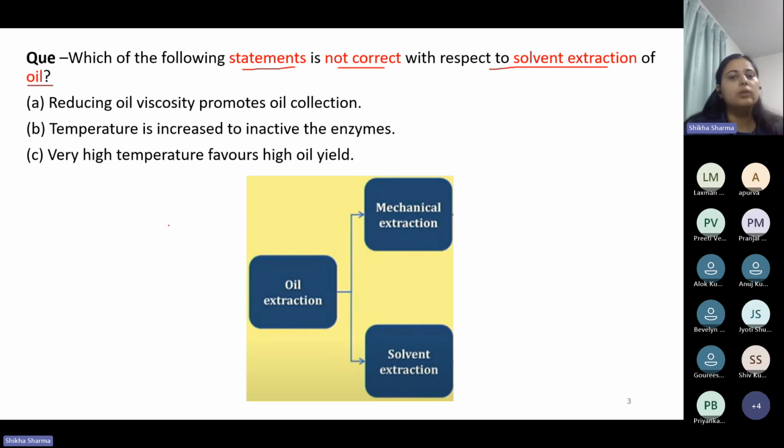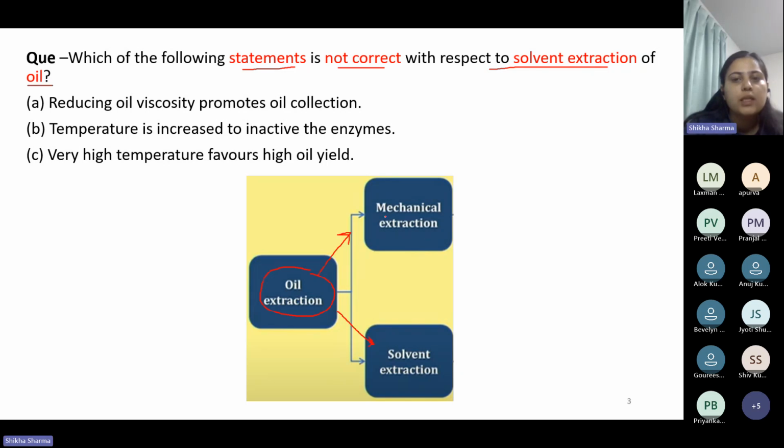As we know, the oil extraction process includes two types of extraction processes: one is the mechanical extraction process and another is the solvent extraction process.